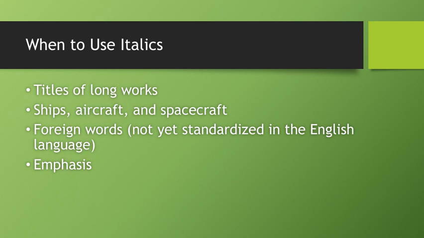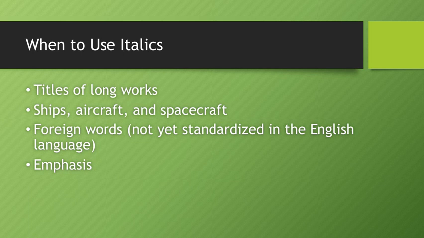And you use italics for the titles of long published works, so the opposite of the short published works that need quotation marks. You use italics for ships, aircraft, and spacecraft, which is something that nobody remembers. That's one that you wouldn't pick up very easily from seeing examples of writing, because people forget to do that all the time.